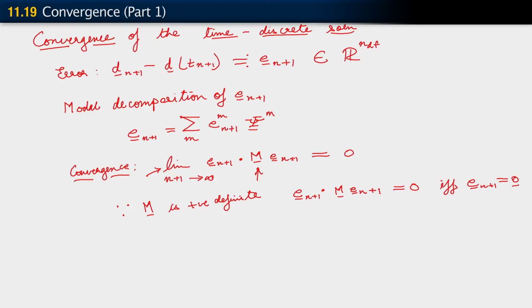But more importantly, we are not going to work in this form. We're not going to work with E dotted with M E. We're going to work in terms of modal coefficients, because our entire analysis has been in terms of modal coefficients.